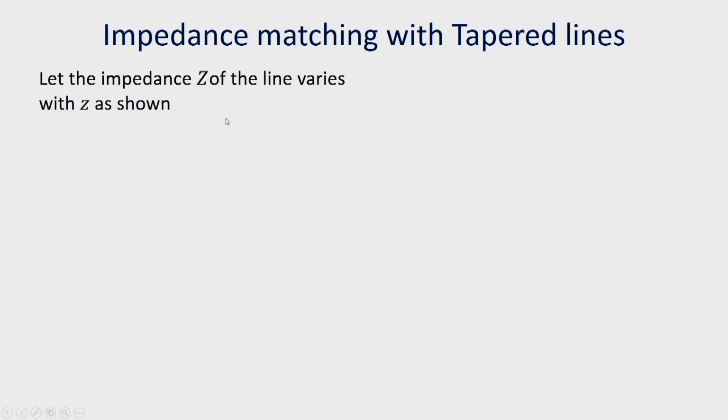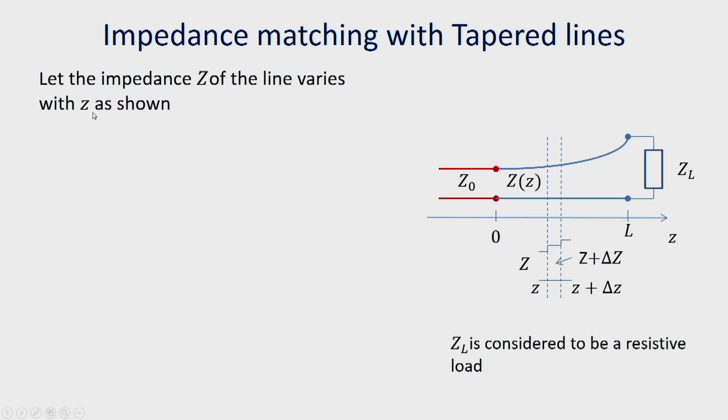Let us now move on to another method of impedance matching, the impedance matching with tapered lines. Here the impedance capital Z of the line varies with distance z, and we are showing this in this figure.